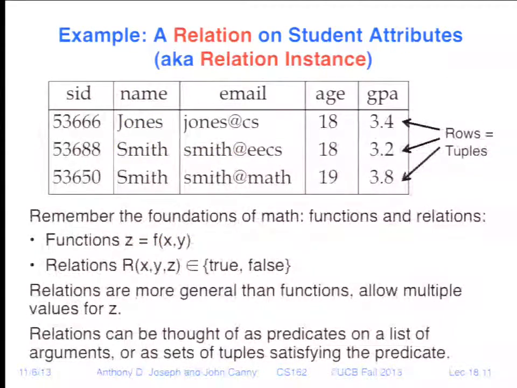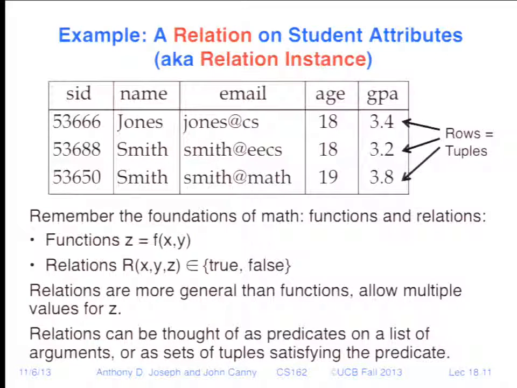All right, so a relation, the name relation, it comes from elementary mathematics. So if you remember, the first time you saw formal mathematics, it was expressed in terms of functions and relations. So functions are things that take arguments and return, usually, unique values.